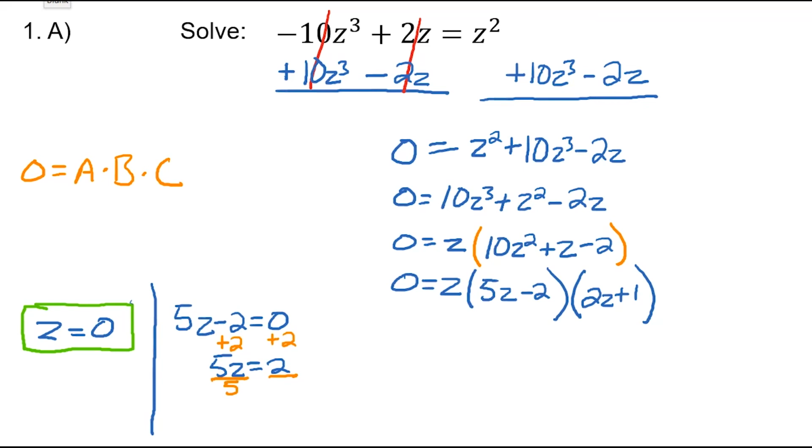What that does is eliminate this 5 here, and the result that I get is z all by itself equal to positive 2 over 5, and that is a second solution.